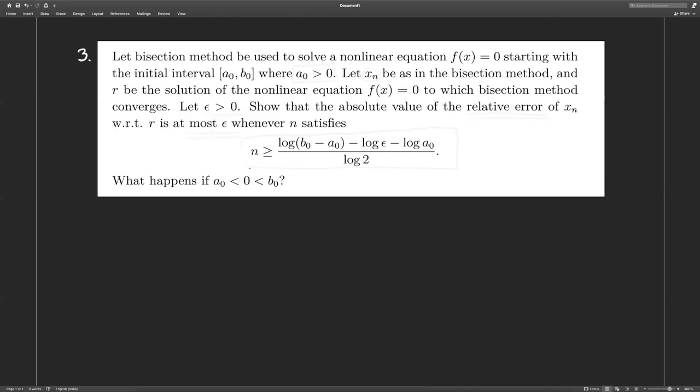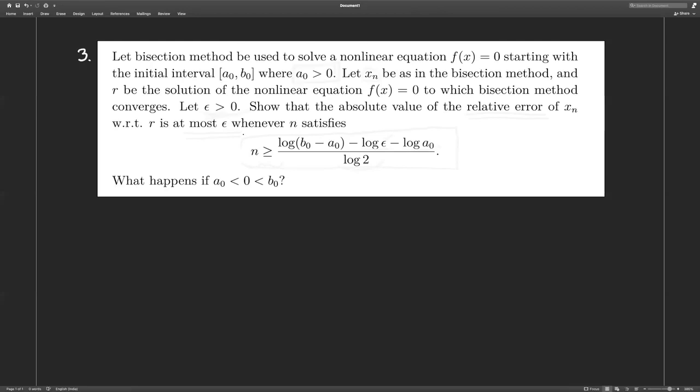The problem says that you can show that n should be greater than or equal to (log(b - a) - log epsilon - log a0) / log 2. The epsilon is the tolerance that we have chosen. The problem also asks us to think about what happens if this assumption is relaxed.